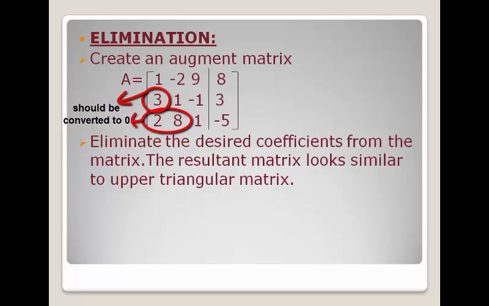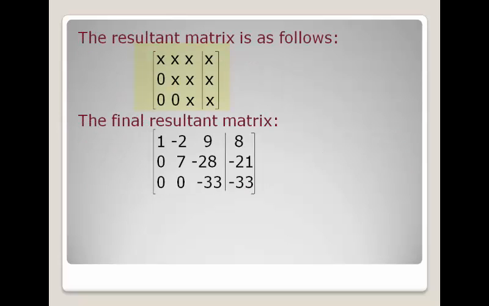And in the first row of the augment matrix, no elimination is required because we have the value of y, we have the value of z, only we do not have the value of x. So we can substitute the values of y and z in order to find the value of x.